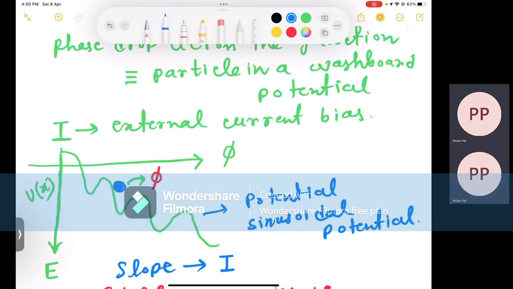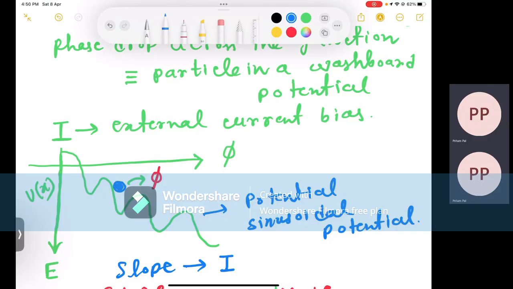There we consider theta for the pendulum, it's the same thing. Instead of a particle, we have only the phase, the superconducting phase. As I already mentioned, you can always describe a superconductor, though it's a microscopic phenomenon, using quantum mechanics, but still this is the beauty of the Josephson effect.